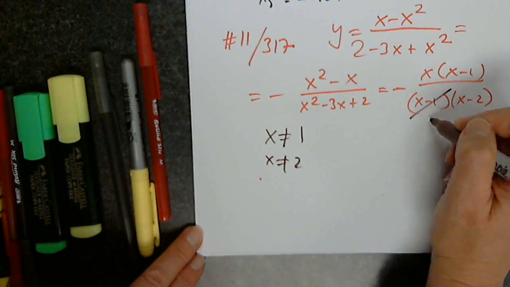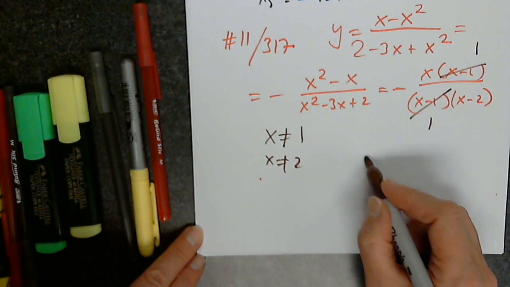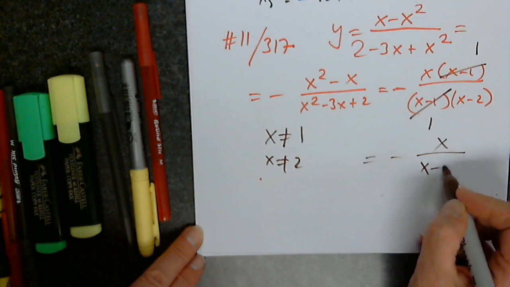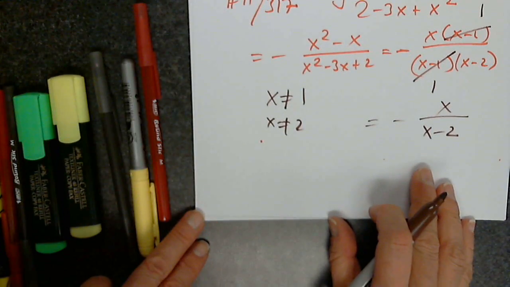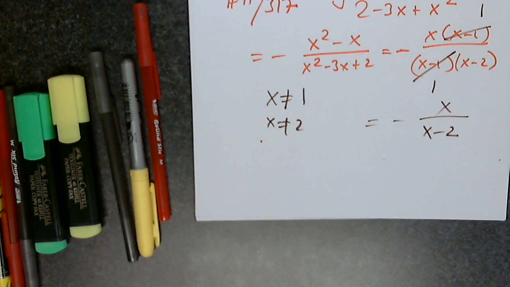Now I'm allowed to simplify it. So the simplified form of this is x over x minus 2. Which of these two, or both, will be vertical asymptotes, 1 and 2? 1 will be a hole in the graph, and x equals 2 will be a vertical asymptote.